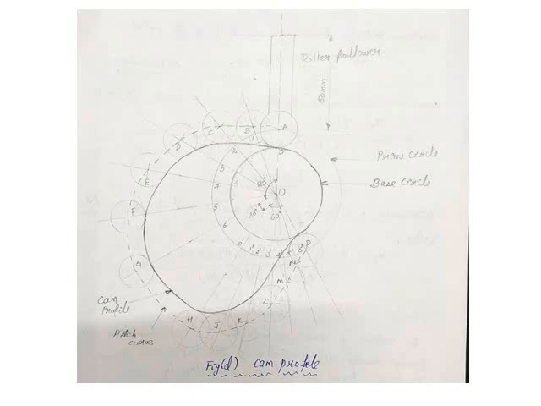Now join the points 1, 2, 3 etc. with center O, and produce the lines beyond the prime circle as shown in the figure. In the knife edge case, we produced the lines beyond the base circle, but in the case of a roller follower, they have to be produced beyond the prime circle and marked there.